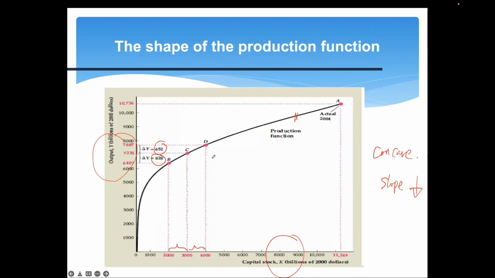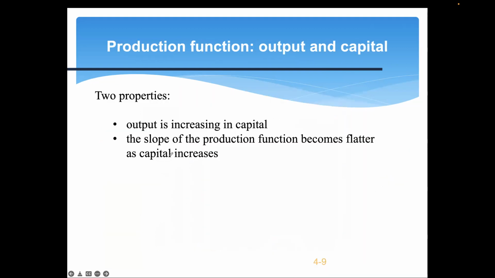But what does this mean and why does this happen? The slope has become flatter, which means the marginal productivity of capital is declining. The detailed explanation for MPK is coming, but for now let's summarize the properties of the production function.